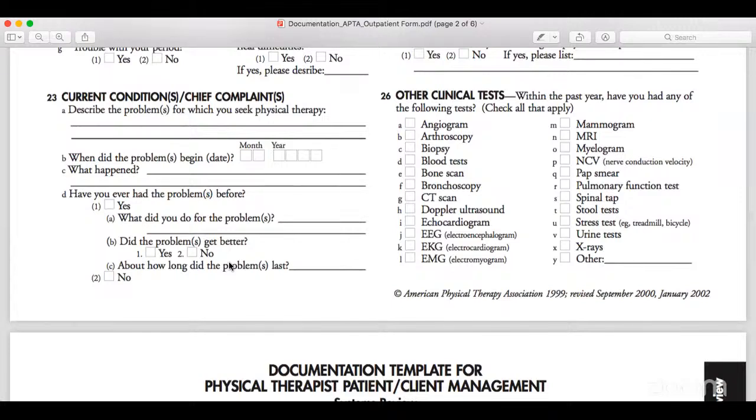I'll give you an example. When you come to the chief complaint, maybe the patient will say, I have neck pain, and you now begin to think of a musculoskeletal problem. Your history is now going to focus on asking questions under the cardiovascular system and the neurological system.